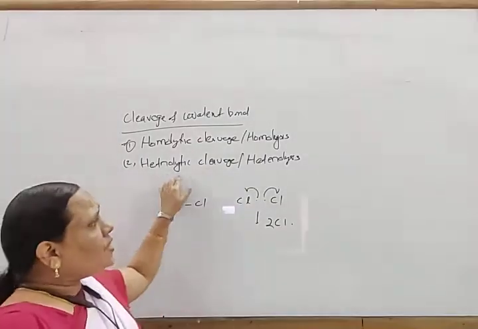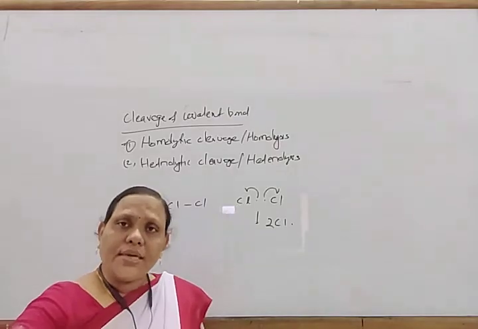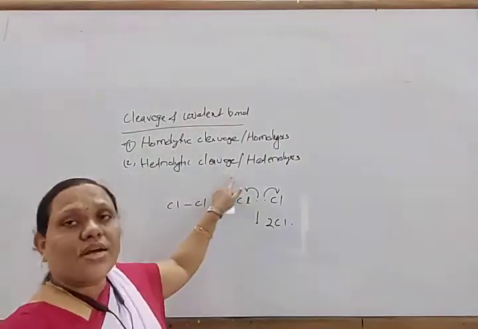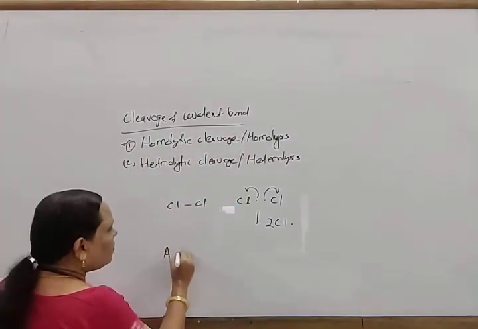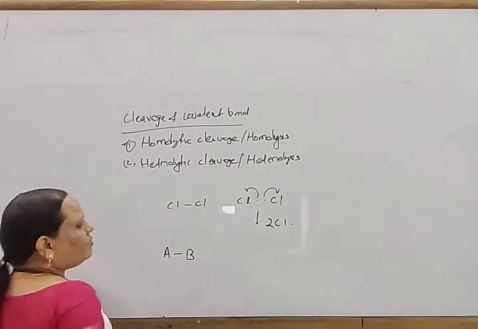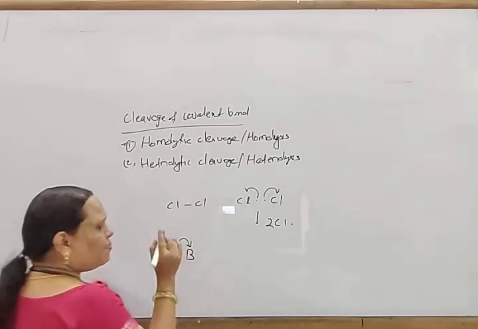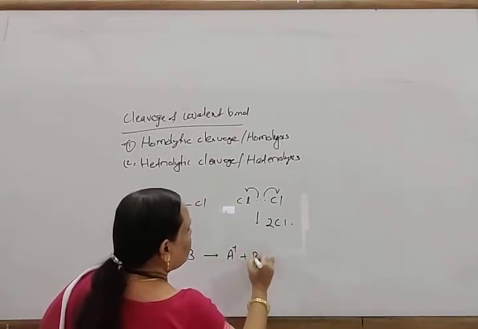Another is heterolytic cleavage. In heterolytic cleavage, the electron pair shifts towards one atom. Look here, suppose the bond is formed between A and B. If the electron pair totally moves towards atom B, it gives rise to A plus and B minus.